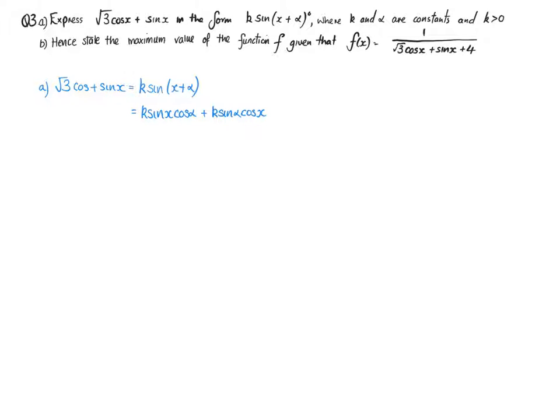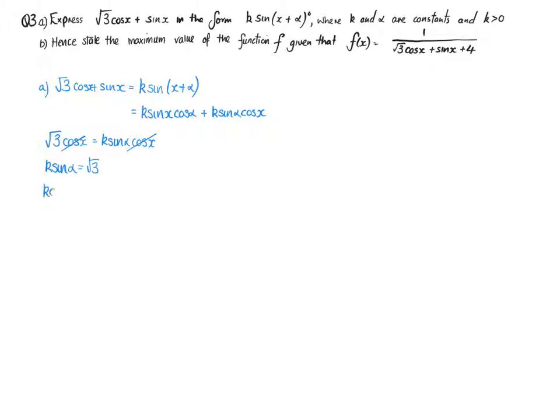Right, so we equate our variables. So we have root 3 cos x. That equates to the bit that's got the cos x in it, so we get k sine alpha cos x. Cross out cos x's, so we get k sine alpha equals the square root of 3.